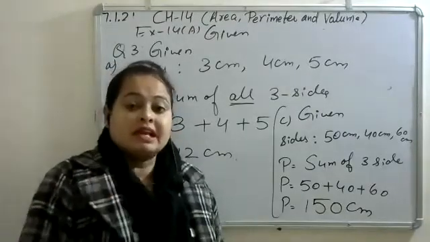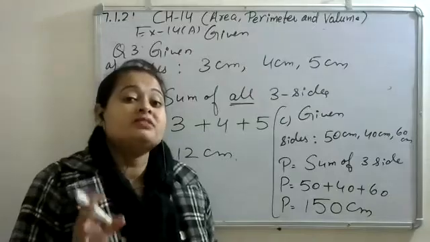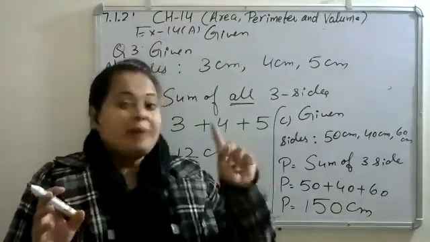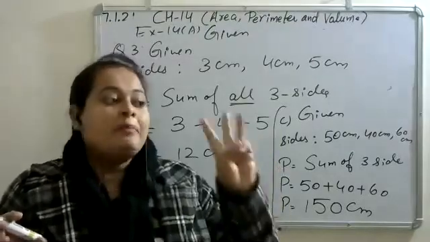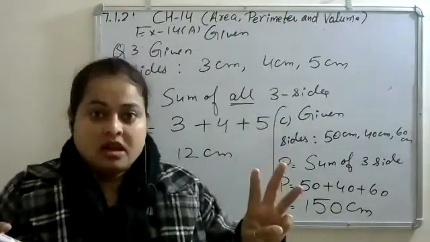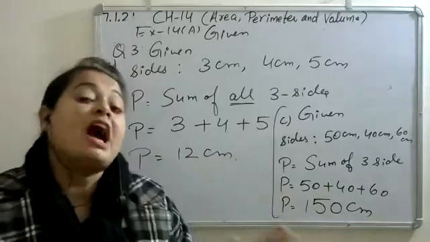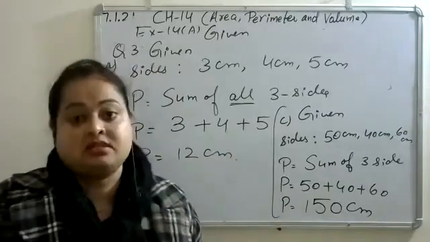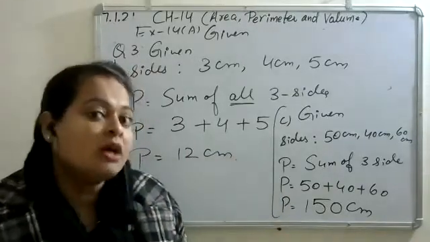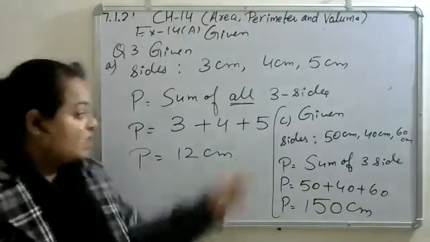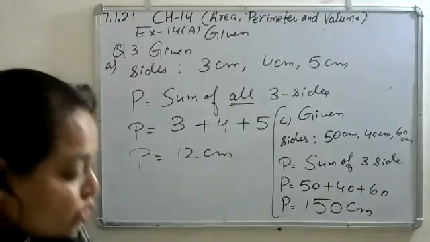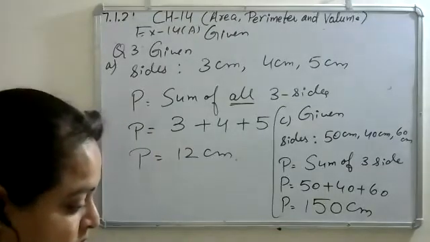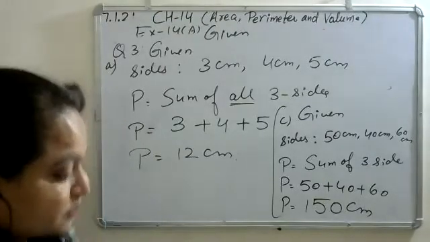So in your syllabus, you have the concept of three: perimeter of triangle, perimeter of rectangle, perimeter of square. And for all three, we have three different formulas. So learn all the three formulas. Note down. After that, I will explain the concept of area to you. Ma'am, I have done. Very good.